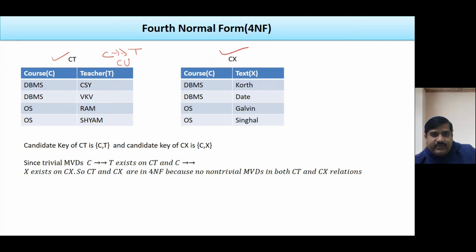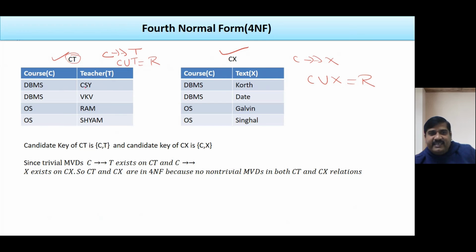If we take C union T, this is equal to R, equal to this relation. And here also C multi-value determines X, but if we take the union of C and X, this is equal to R. So in both cases, these multi-value dependencies are trivial.